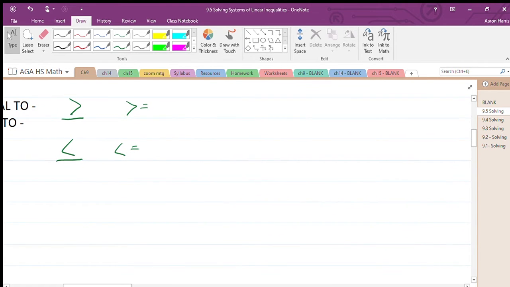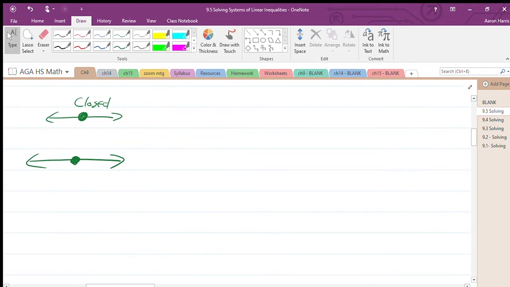Now, if I was on a number line, what would happen? I would have a what? Closed circle. If I was on this one, it would be a closed circle, meaning that the value is included wherever I am. So now what happens if I'm doing a linear inequality, which is some sort of line? Well, you guessed it.